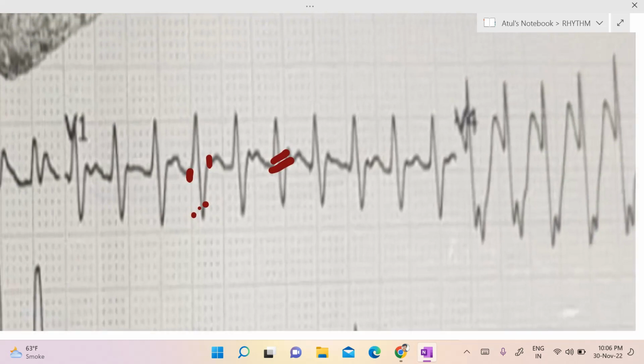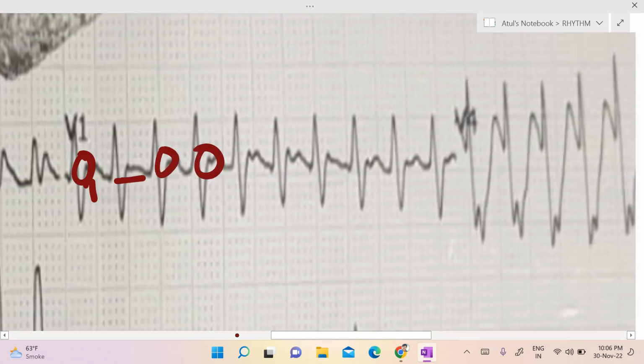Now you have to look for AV dissociation. This is a P wave, here no P wave, this is a P wave, this is a P wave.